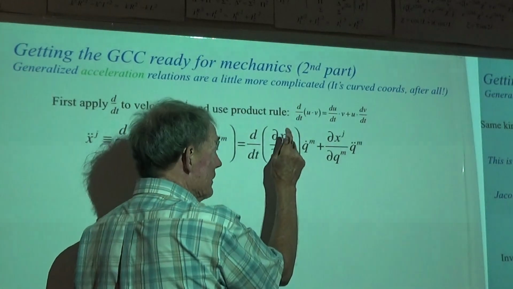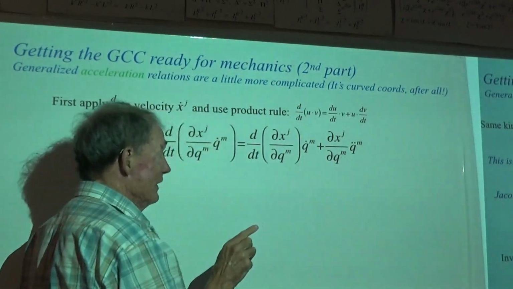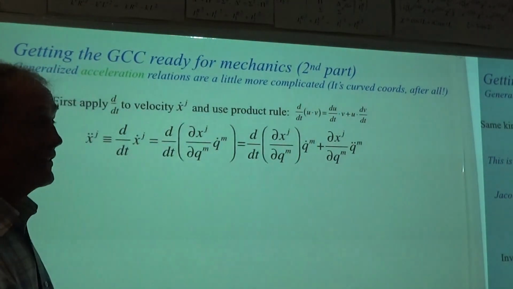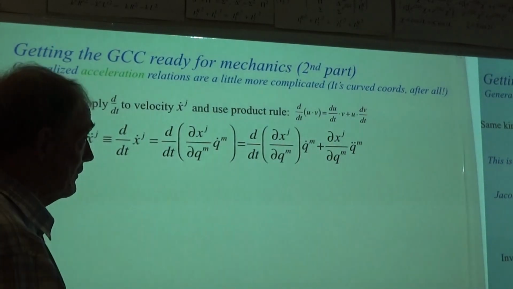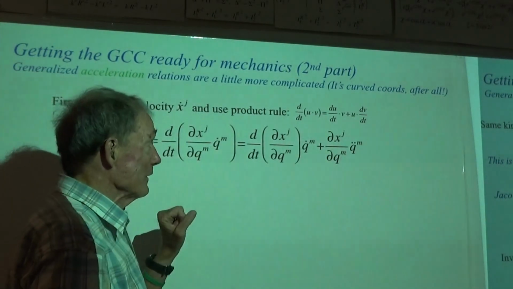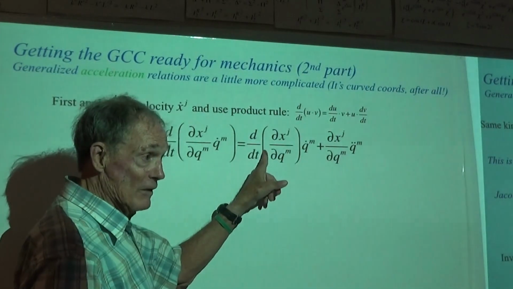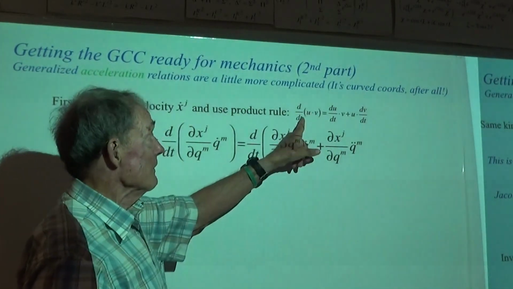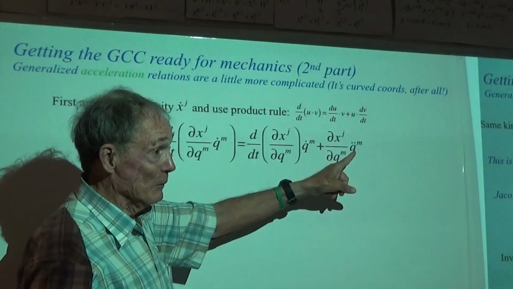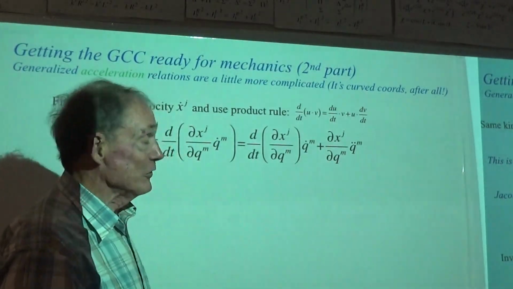Okay, because the Jacobian is still usually a function of your position. So when you take a derivative of this thing, you've got to take a derivative of this thing too. So the derivative of a product is two terms, and that should not be forgotten.